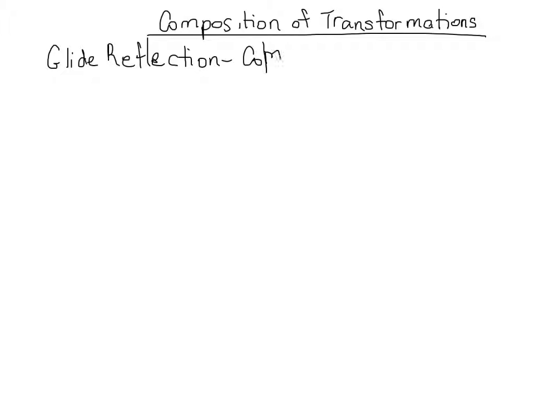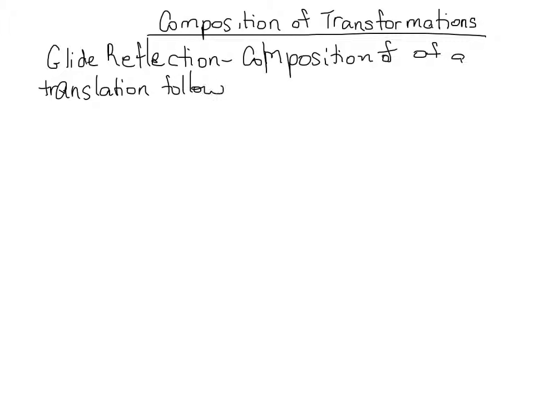Composition of a translation followed by a reflection. And so that reflection that happens at the end has to be in a line parallel to the translation vector. And this will be clear in just a moment.